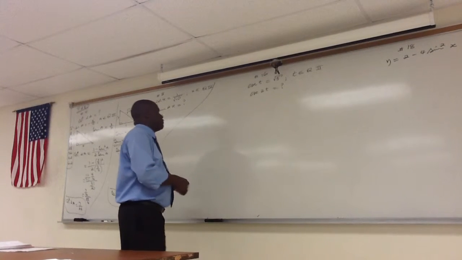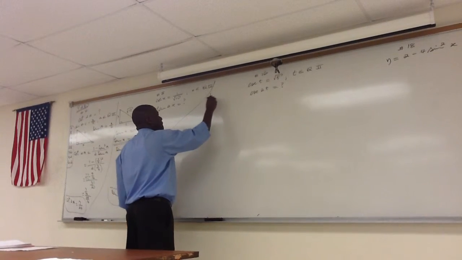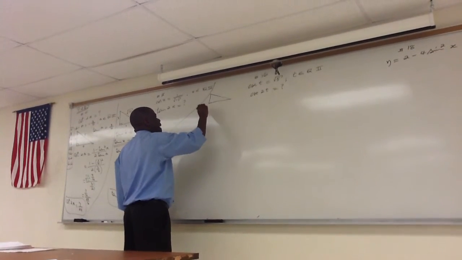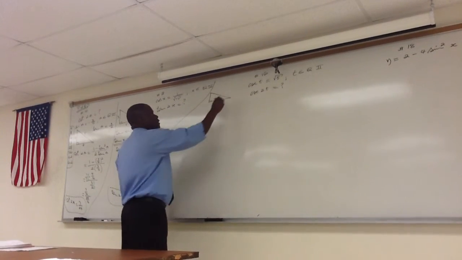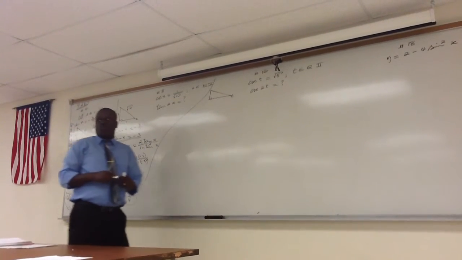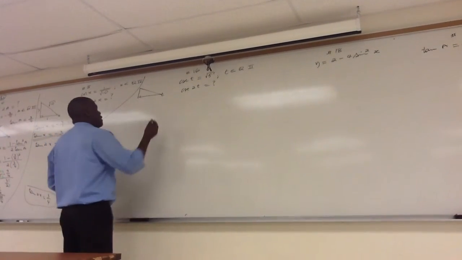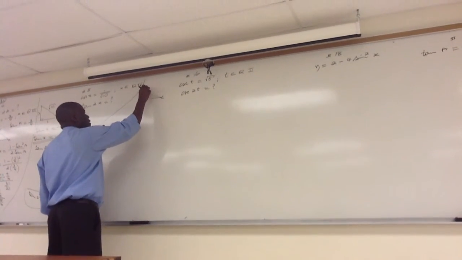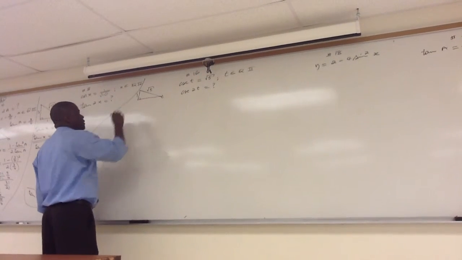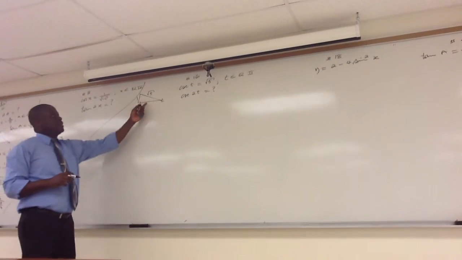Well, with that, I have to pull out my triangle. Cosecant is what again? Hypotenuse over opposite. So what must be this side?